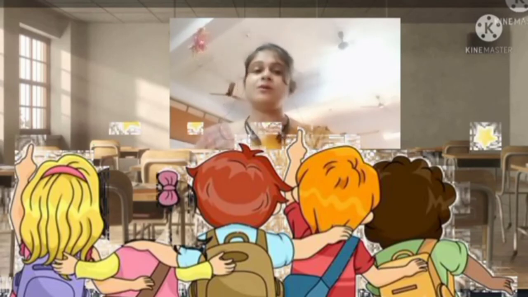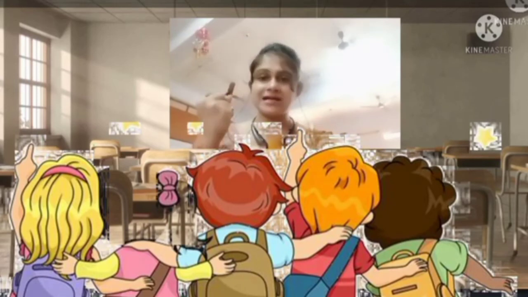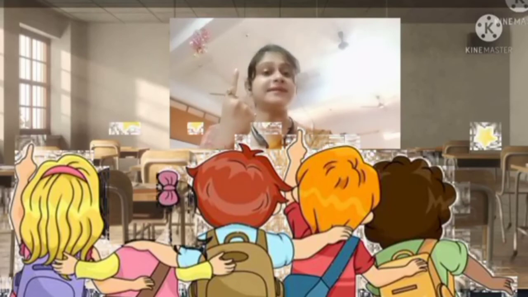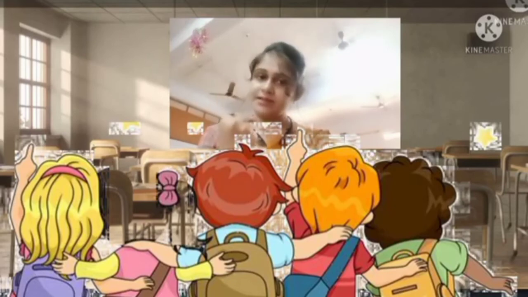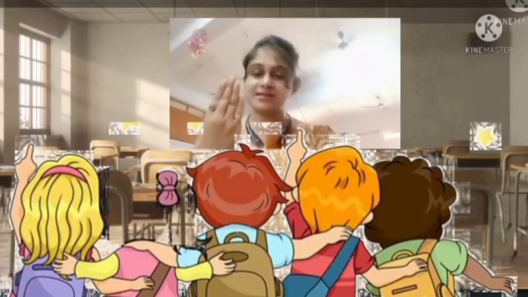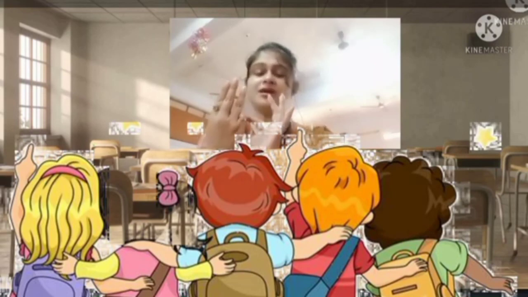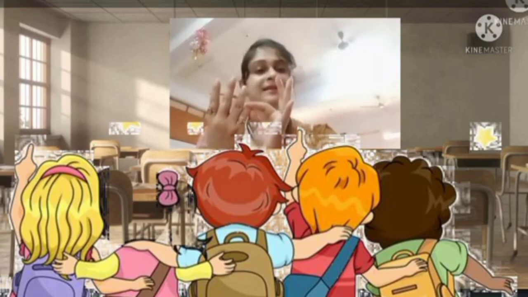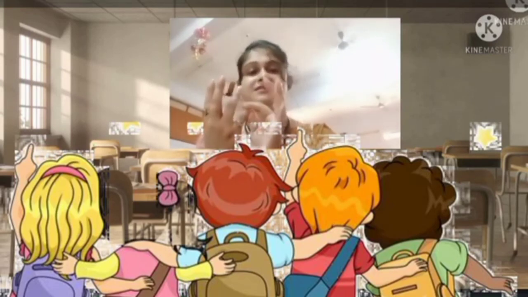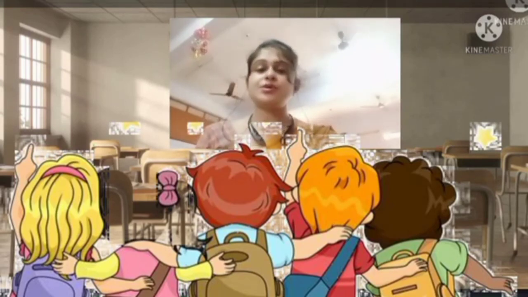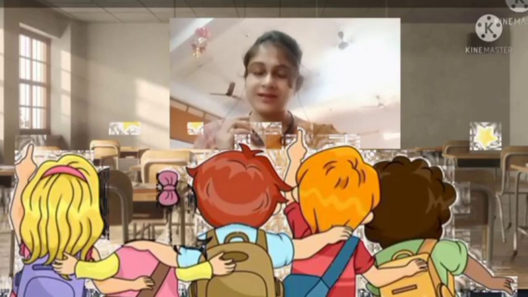Clear? Now in finger gem, how do you start adding? You start with the index finger. How do you subtract? You start from the little finger. So this is what you can write in the form of fill in the blanks.